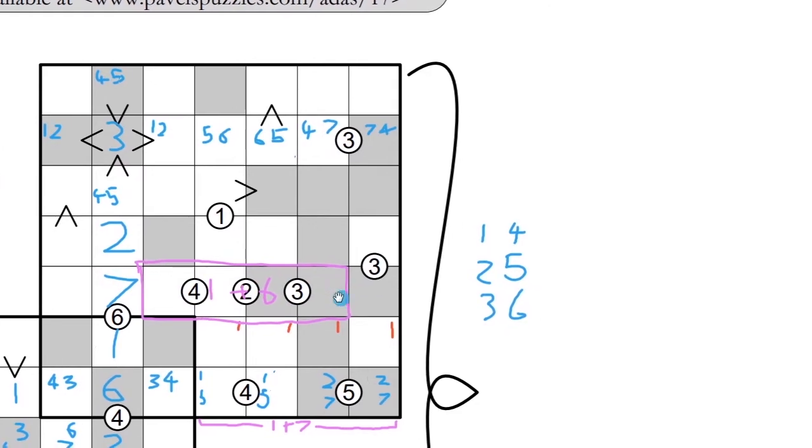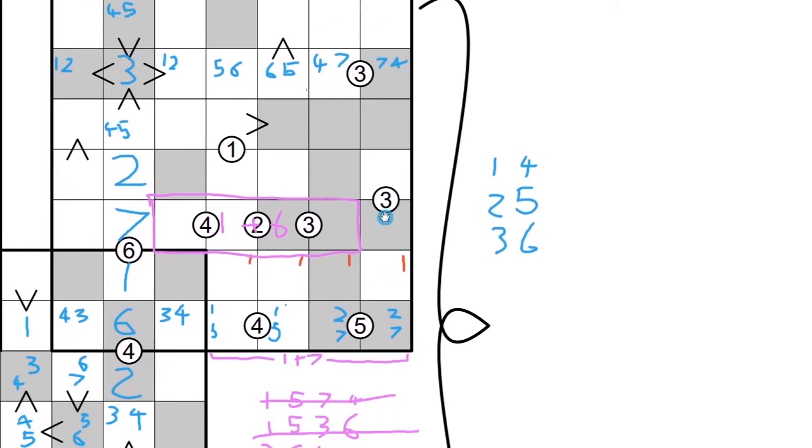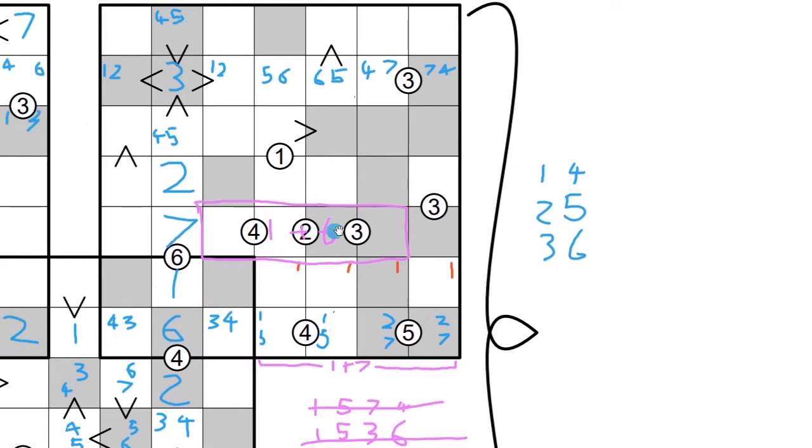Which means something about this. So my options were 1, 4, 2, 5, 3, 6. 7 can't be there because of the X-wing. Okay. We also can't have anything where... Okay, so the options are 1, 4, which is fine. But 4, 1 is not.